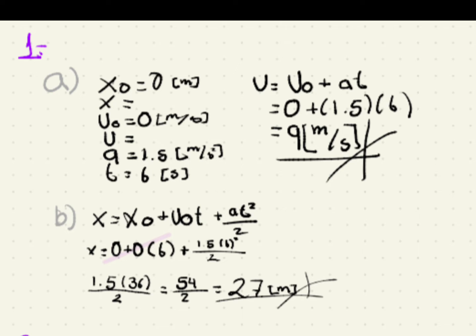We substitute and we get x equals 0 plus 0 times 6 plus 1.5 times 6 to the power of 2 over 2. The first part gets cancelled because it's 0, and 0 times 6 is 0, so you only need the rest. 1.5 times 6 squared over 2 is equal to 27 meters.